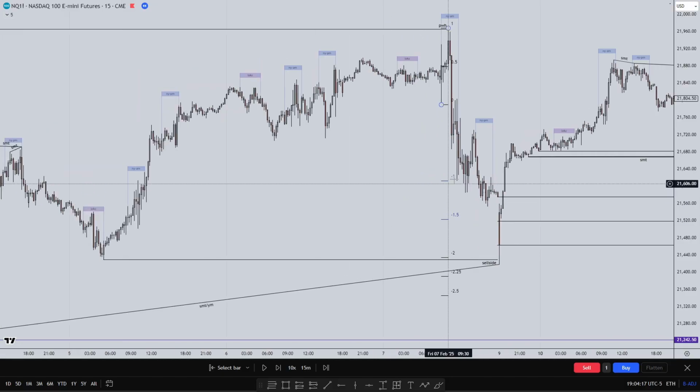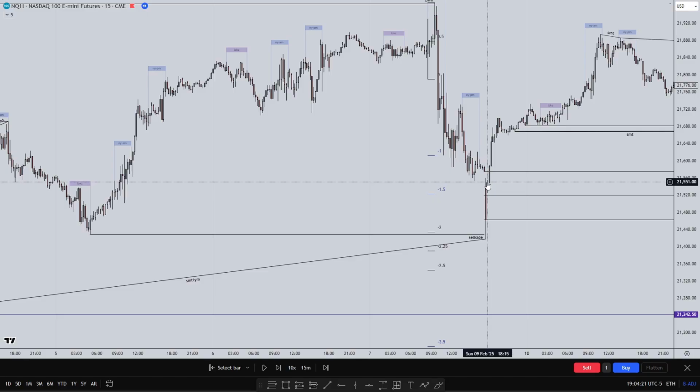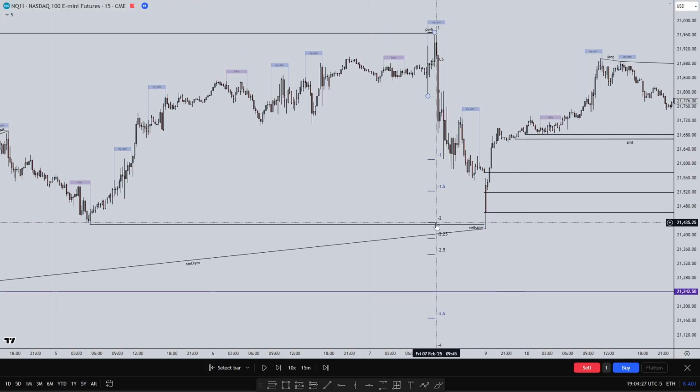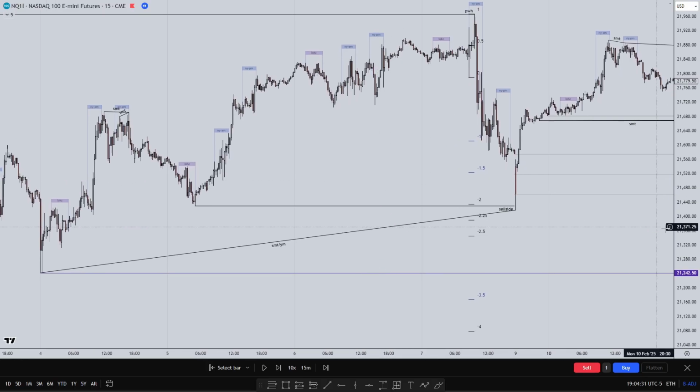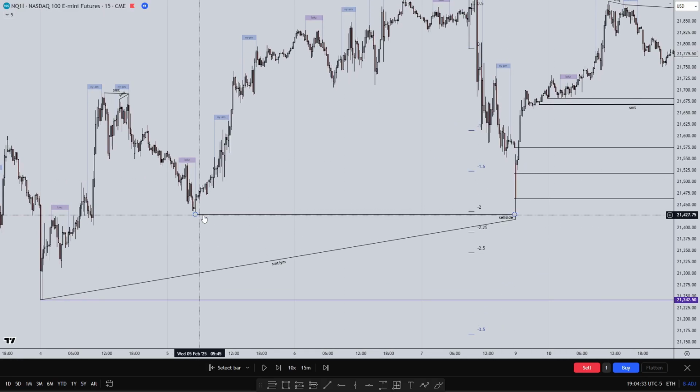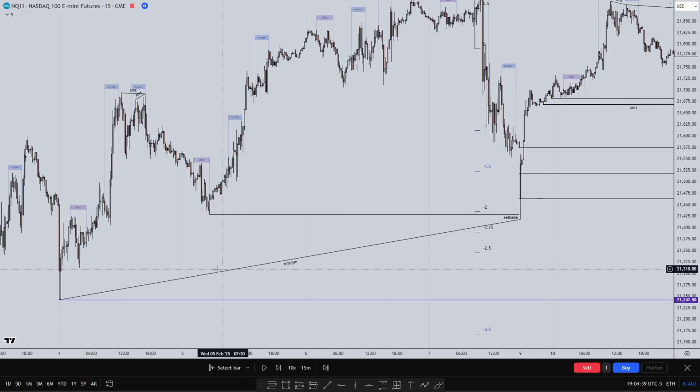And then, unfortunately, it got delivery to -2 on the new weekly opening day. On Sunday, just gapped down straight to -2. Which was -2 aligned with this London low, and then you created SMT.